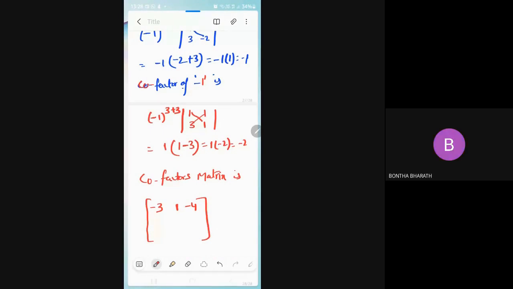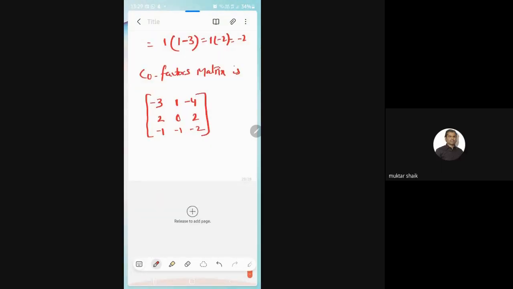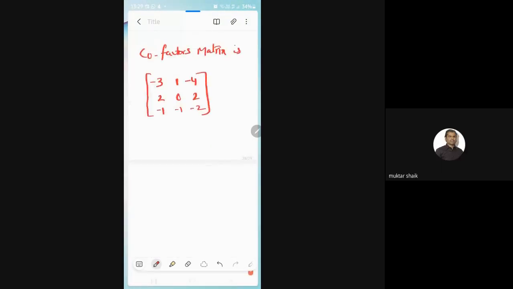The fifth one 2, 0, 2. The sixth one 0, 0. The seventh one minus 1, minus 1, minus 2. This is called the cofactor matrix. Did you understand till this?